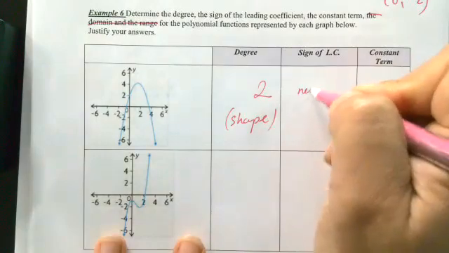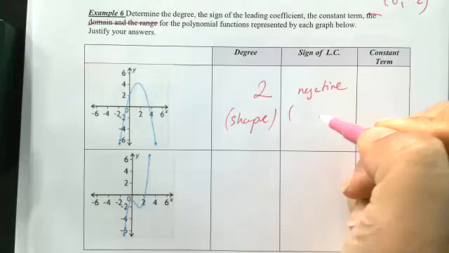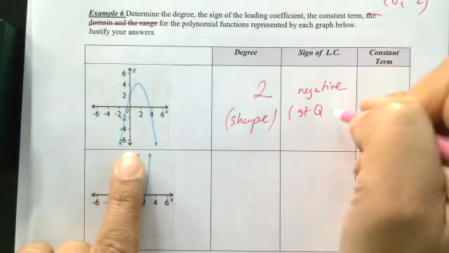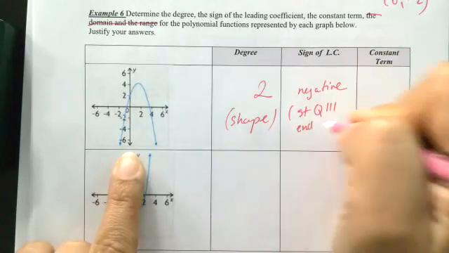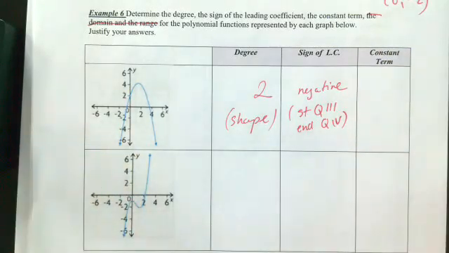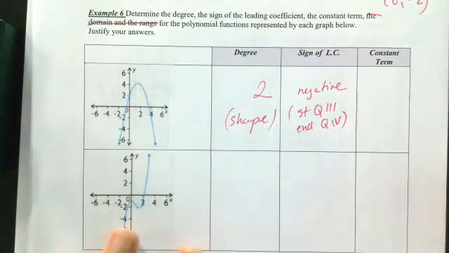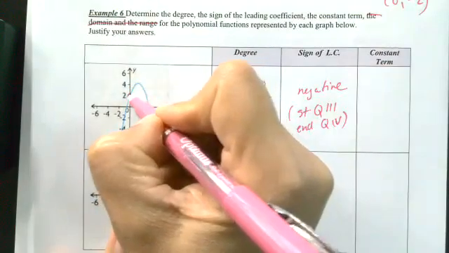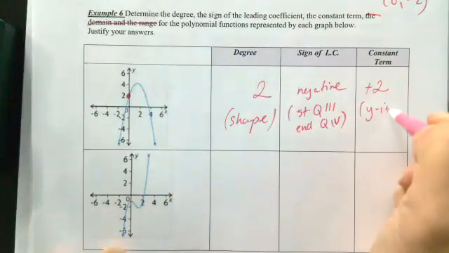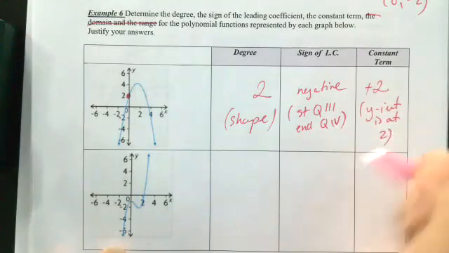How do you know it's negative? That's right. Because it starts in quadrant 3, ends in quadrant 4, you can say because of the end behavior, in short, right? For this polynomial function. Constant term of the equation would be 2, because the y-intercept is at 2.